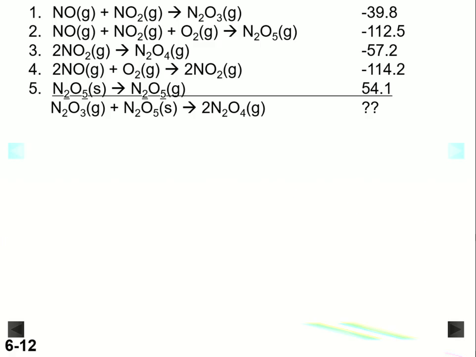Let's look first and say, okay, we start off with dinitrogen trioxide as a gas. Which step above can get us there? Well, we see the only reaction above which includes dinitrogen trioxide is number 1, and that has that as a product rather than a reactant.